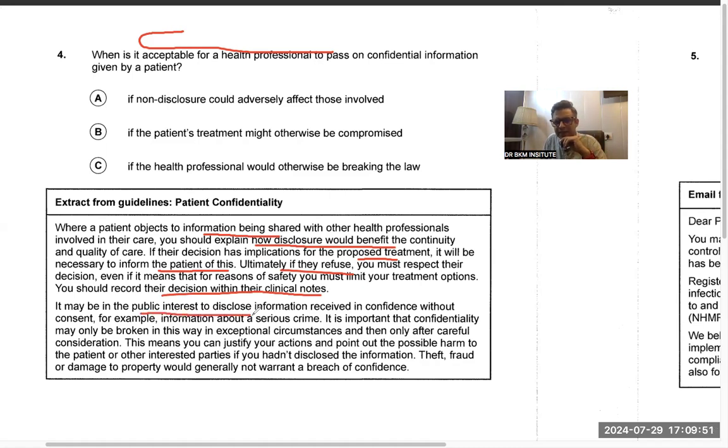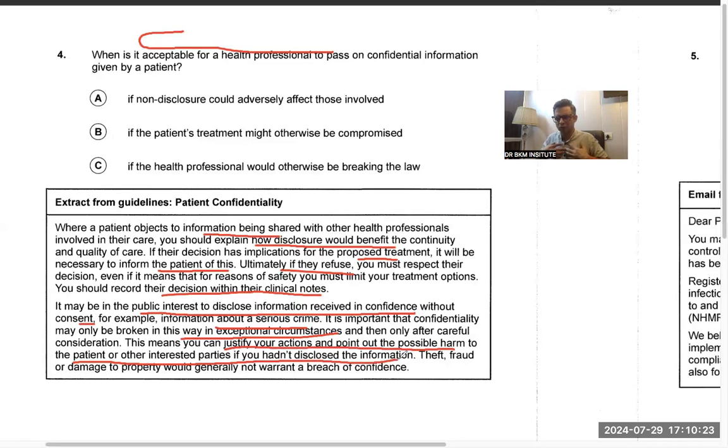It may be in the public interest to share the information without consent, for example, information about a serious crime. So if it is in the public interest, then you can share the information. It is important that confidentiality may be broken only in exceptional circumstances and then only after careful consideration. This means you can justify your actions and point out the possible harm to the patient or to other interested parties.